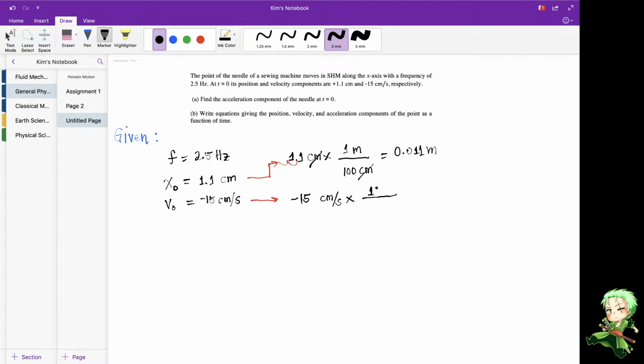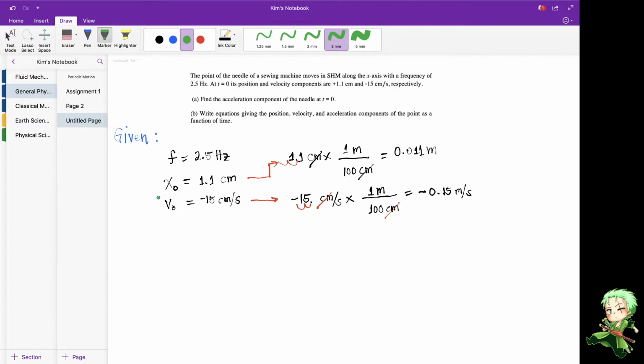In 1 meter you have 100 centimeters, so the centimeters cancel out, and since you are dividing by 100, the decimal place will be moved 2 places towards the left. So you will get negative 0.15 meters per second. These quantities x naught and v naught are now in SI.